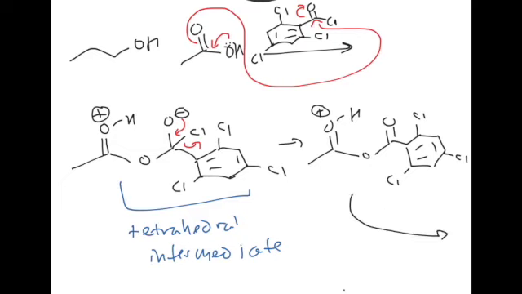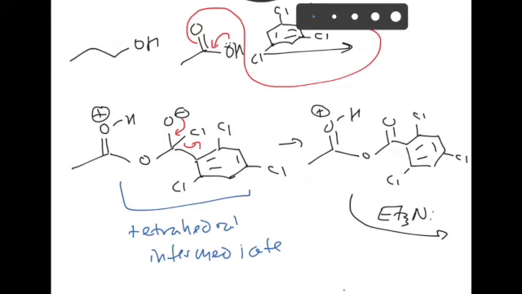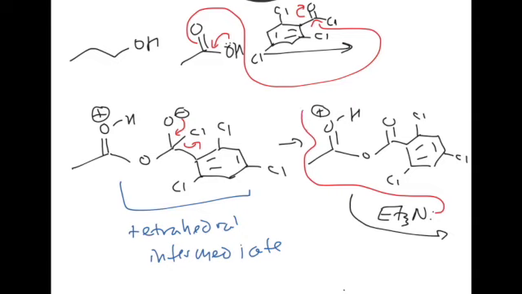It's going to end up going on the next page. But now your triethylamine can act as a base and grab your extra proton. I lost the carbon. No, I didn't. Okay. All right, so that's going to end up making.